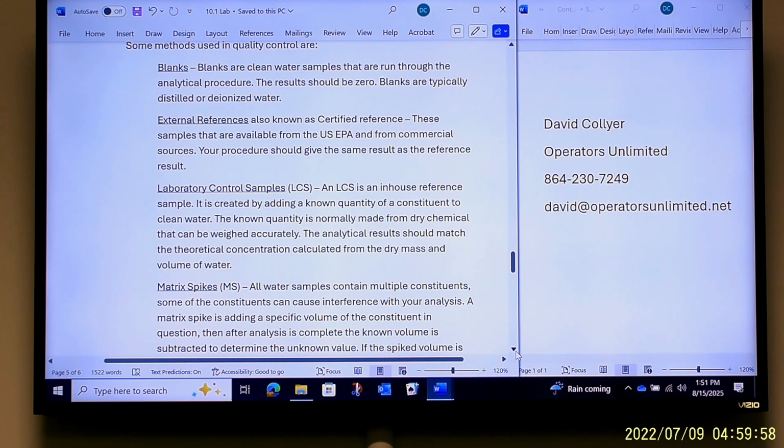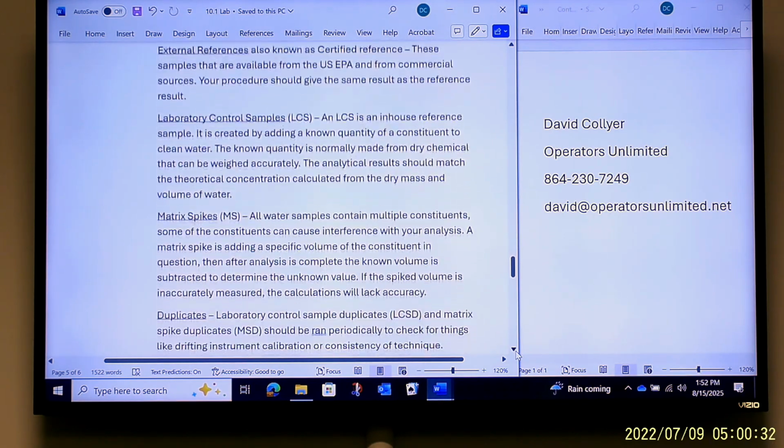The analytical results should match the theoretical concentration calculated from the dry mass and the volume of water. So external references and laboratory control samples are very similar. The laboratory control sample is a mixture that the lab created. The external reference is a reference that was purchased from somebody else, but you're using both of them as a known.